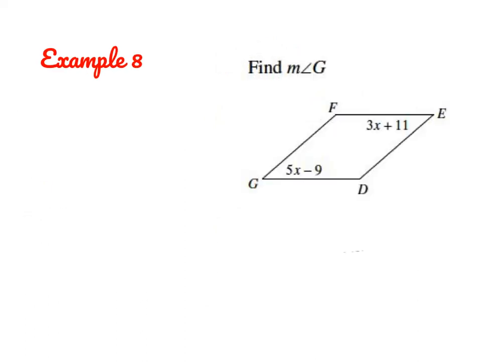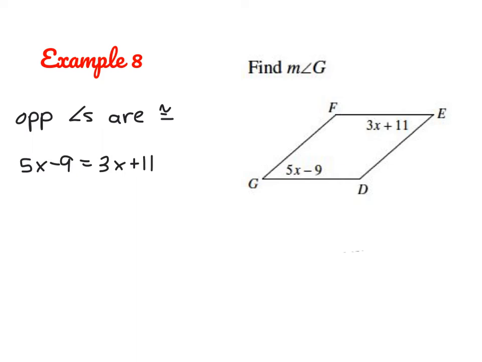All right, let's give this one a try. Here they would like us to find the measure of angle G, but in order to do that, we're going to have to find x first. So I notice that we are given a pair of opposite angles, and we know that opposite angles in parallelograms are congruent. So that statement allows us to say that 5x minus 9 equals 3x plus 11.